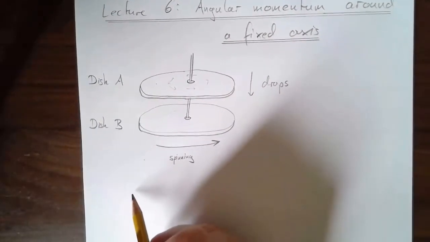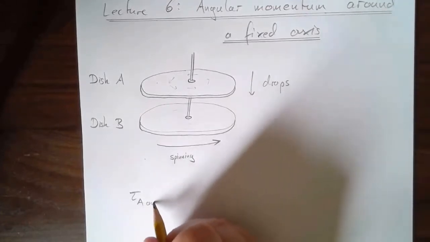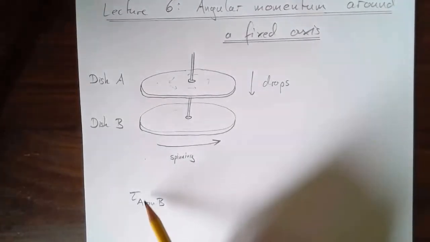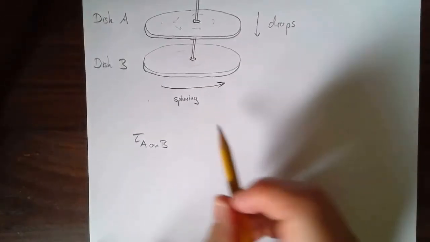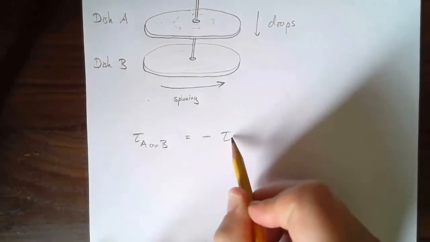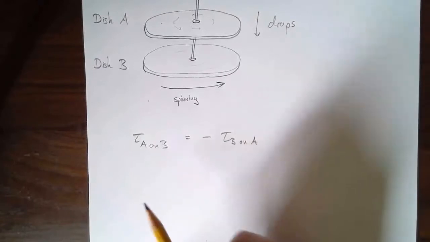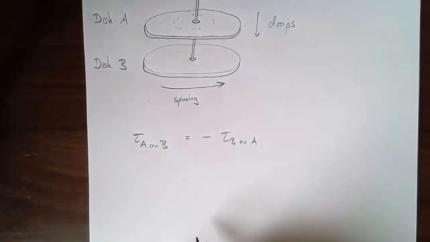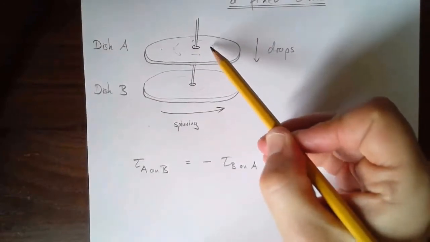So, what do we know about the torque? Torque A on B. Right, so it's torque on disk B by disk A. Well, that is going to be equal to minus the torque by B on A. So why is that? Well, let's simplify.